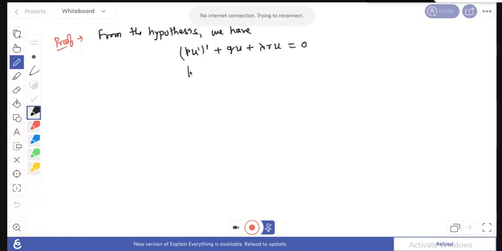And second, let v be the solution corresponding to parameter mu. So this is the second equation.